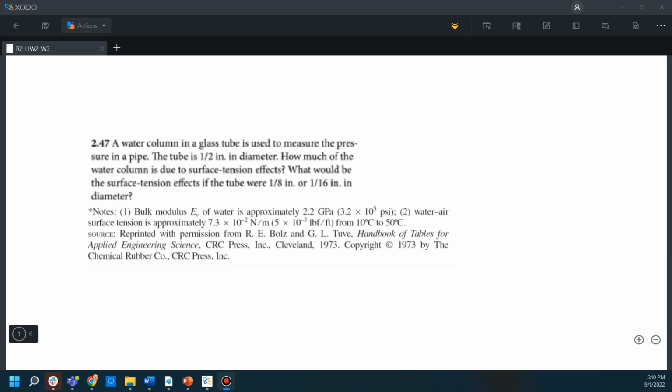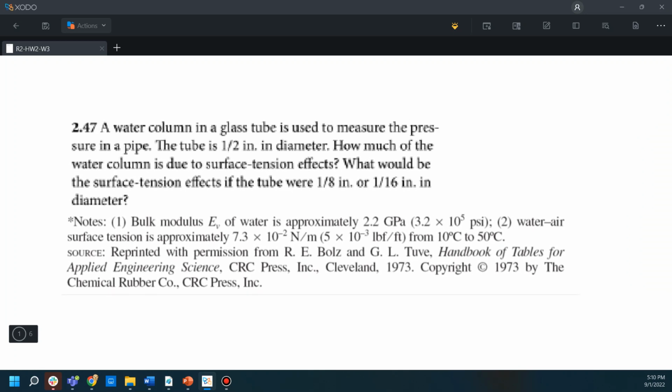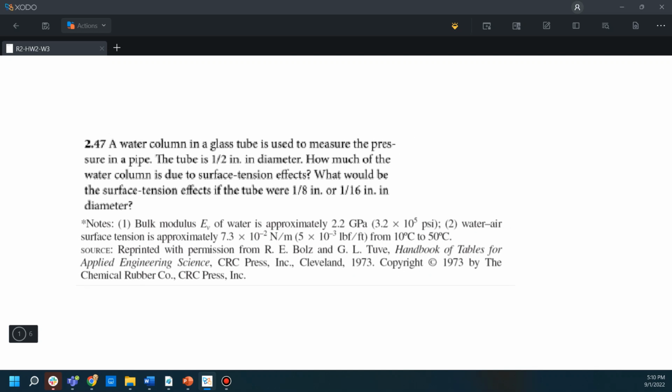So let's straightforwardly start with the first problem, 2.47. In this problem, we basically want to solve the surface tension for different sizes of the diameter. According to the problem, we want to calculate the surface tension of the water for different tube sizes: 1/2 inch, 1/8 inch, and 1/16 inch.